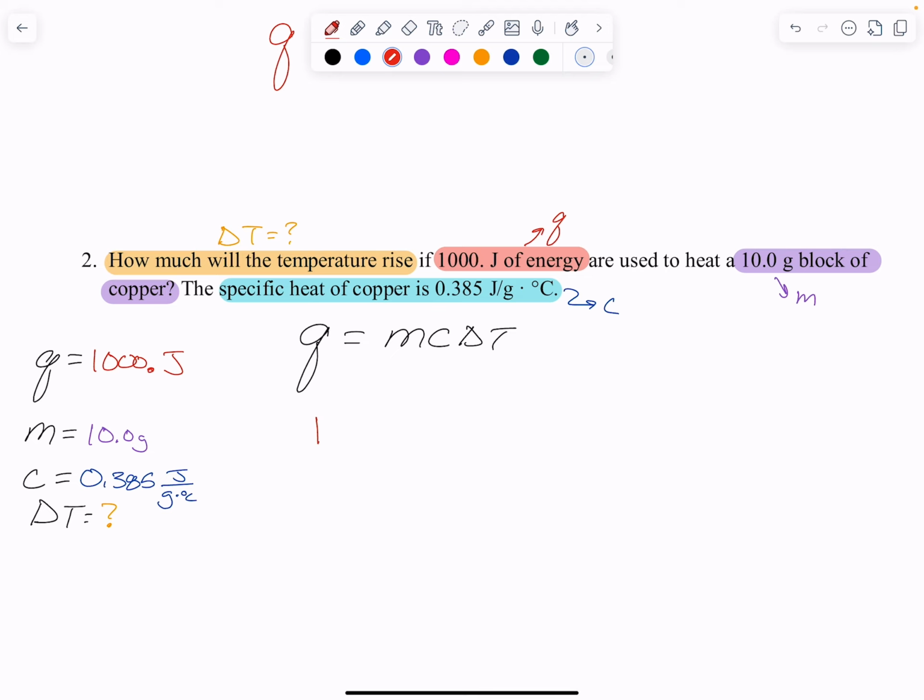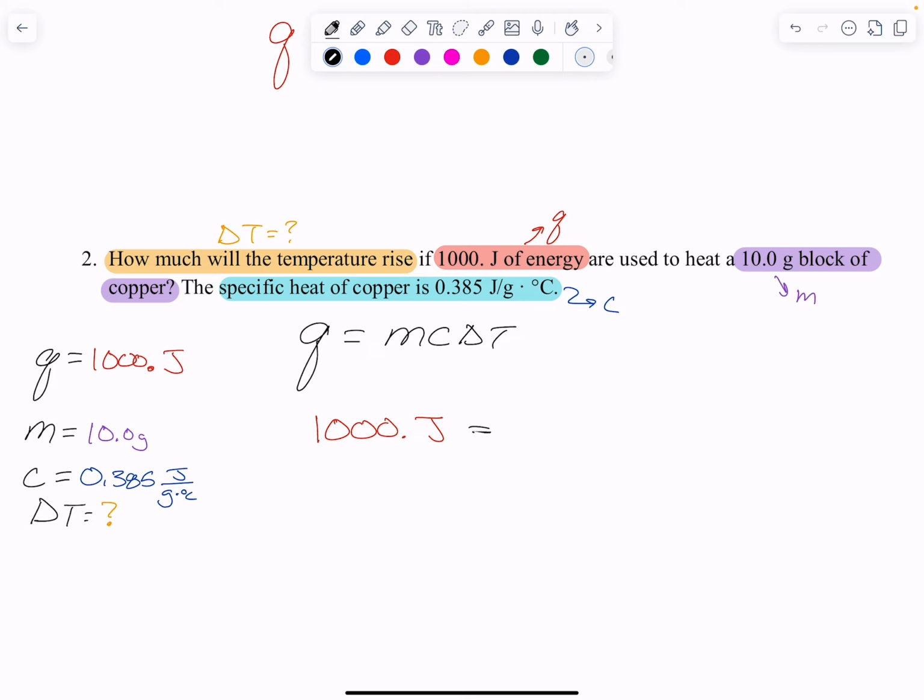So if I plug in 1,000 joules equals 10 grams multiplied by 0.385 joules per gram degrees Celsius, and we want to know what delta T is. All right, and so it looks like if you divide, I get basically 259.7. So if I have 3 sig figs, so 260 degrees Celsius. So that's what we get there.